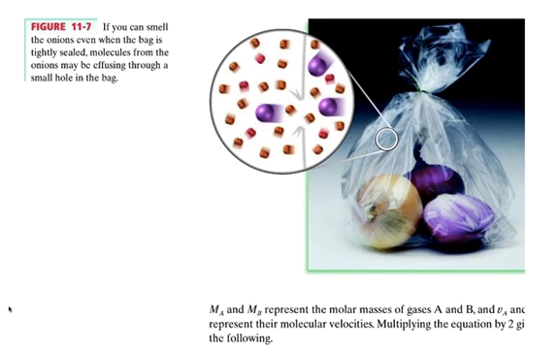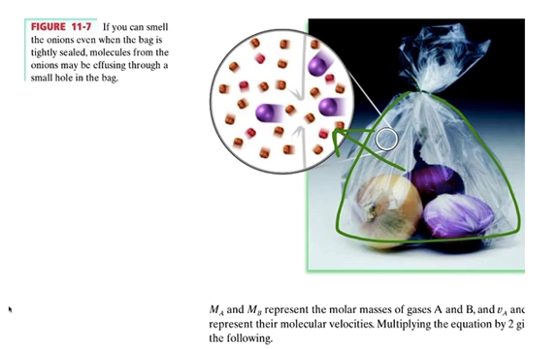What effusion is, again, is a little bit different than diffusion. It's not one gas spreading out into another. It is the rate at which a gas will move across a barrier. So if we have onions in a bag, some of that smell of those onions will move through the barrier, because even though it's plastic, it's permeable, not impermeable, so the gas molecules can move through.